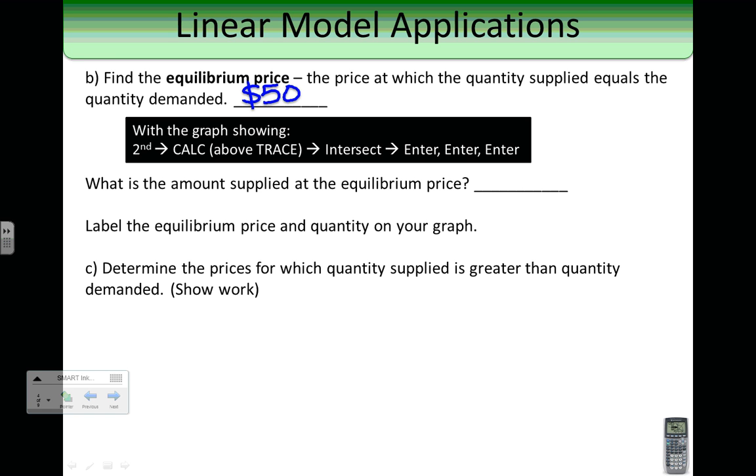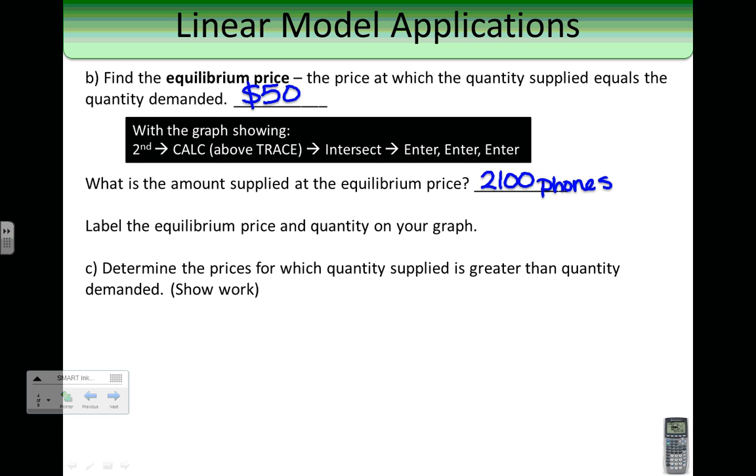That was my x value when the supply and the demand were the same. What is the amount supplied at the equilibrium price? That was 2,100 phones. So the supply and the demand was the same. We make 2,100 phones and we charge $50 for them.